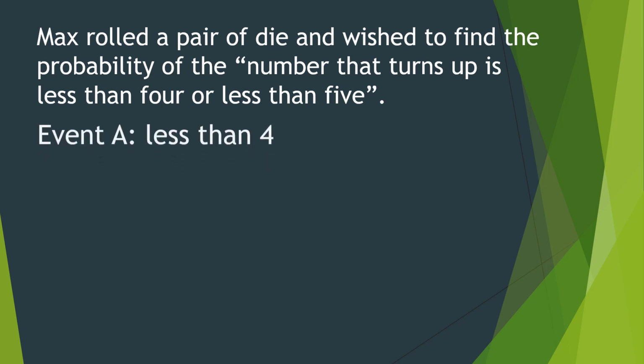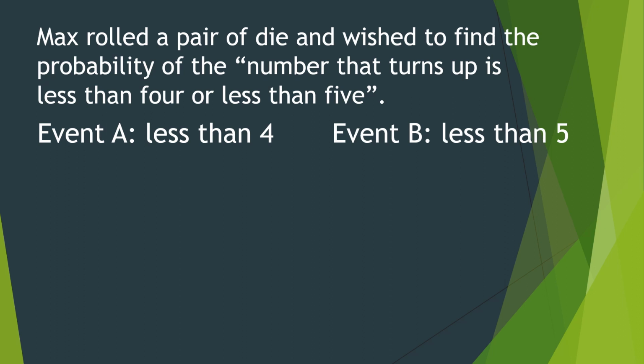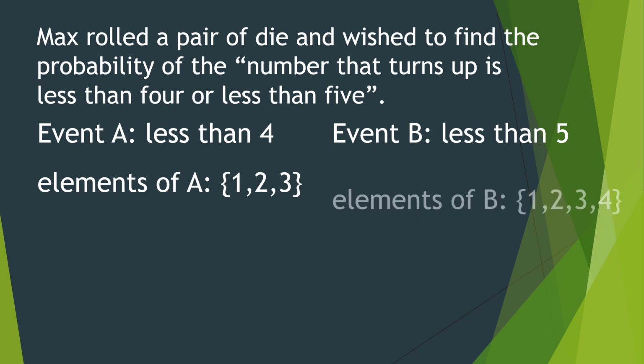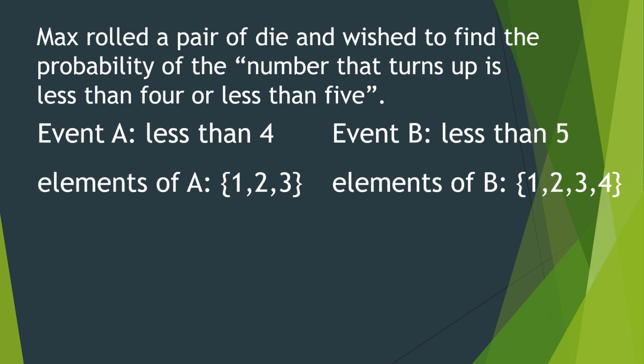Again, let's identify the two events. Event A are numbers that are less than 4, and event B are numbers that are less than 5. So we have the elements of A, we have 1, 2, 3, and elements of B, we have 1, 2, 3, 4.